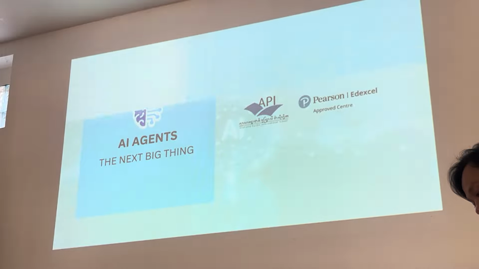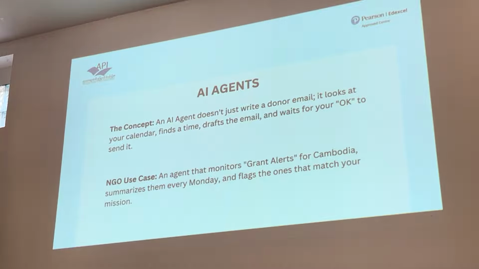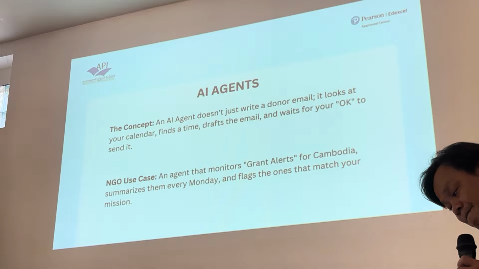So, the concept: an AI agent doesn't just write a donor email anymore. It looks at your calendar, finds a time, drafts the email, and waits for your okay to send. In the case of an NGO, an agent can monitor your grant alerts for Cambodia, summarize them every Monday, and flag the ones that match your mission. Just an example.